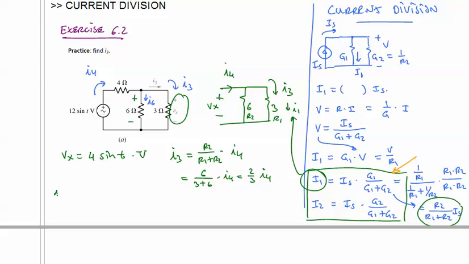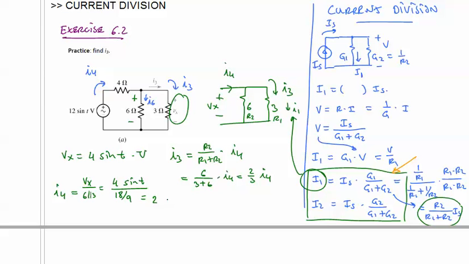Now we need I4. We could solve it several ways. We know what Vx is. It's Vx over the parallel combination of 6 and 3 ohms. So that's 4 sine of t divided by 6 times 3 is 18, divided by 6 plus 3 is 9, so that's 2.